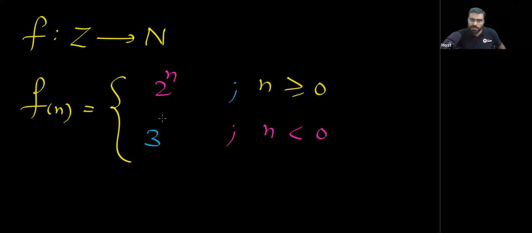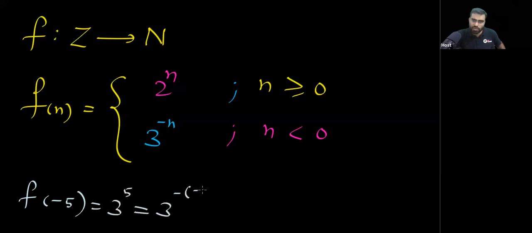That was 3 power minus n. Yes or no? For example, f of minus 5, what is that? That is 3 power 5, the same as 3 power minus of minus 5. That is 3 power 5.